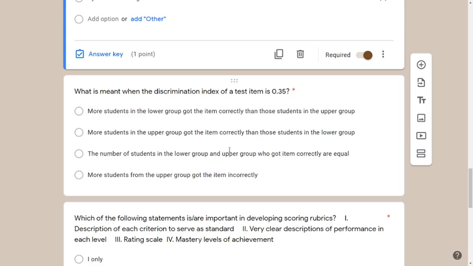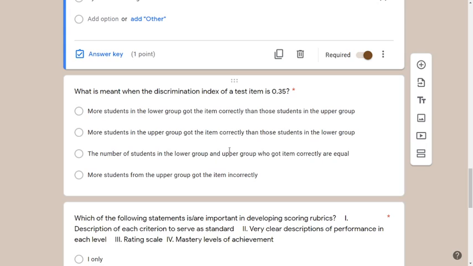So let's revisit the concept of discrimination index. Just like what I've mentioned earlier, we will get the upper 27% of the class and the lower 27% of the class, and then we get the difference. So the formula is the upper group minus the lower group difficulty. I mean the difficulty of the upper group and the difficulty of the lower group.